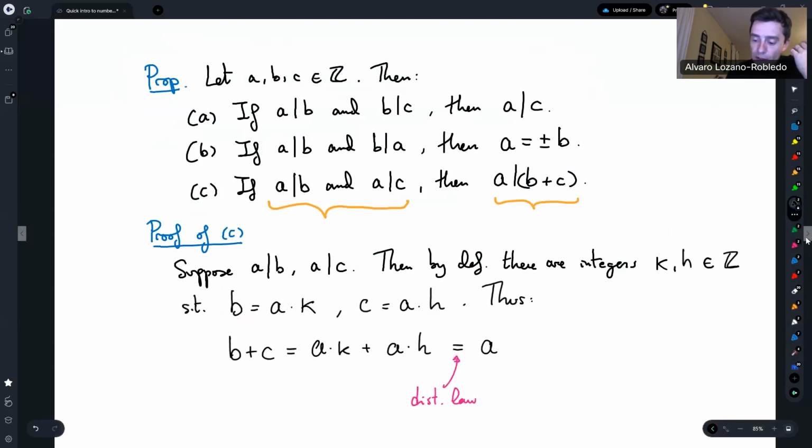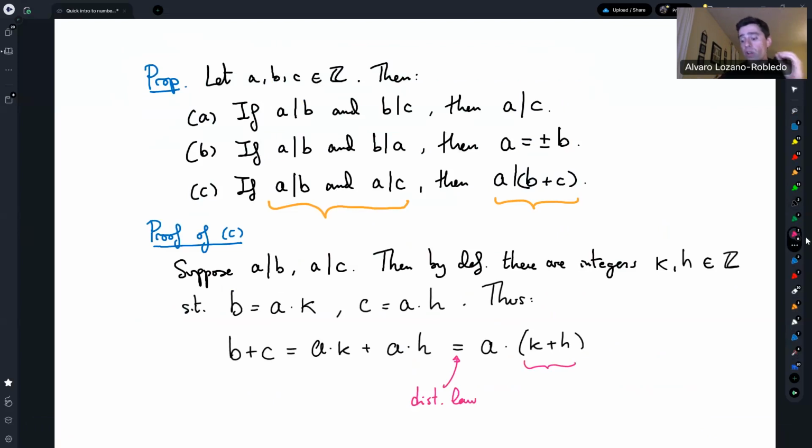So I can write A times (K plus H). Now there is one more property of the integers that is key here: Z is closed under addition, which means that when you add two integers, you get an integer.